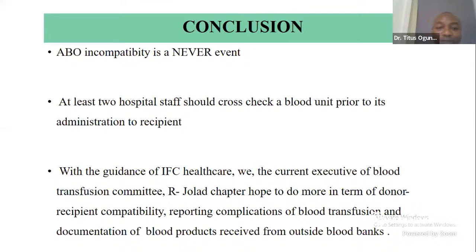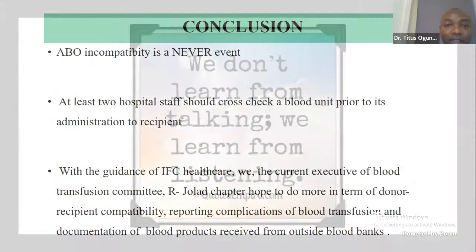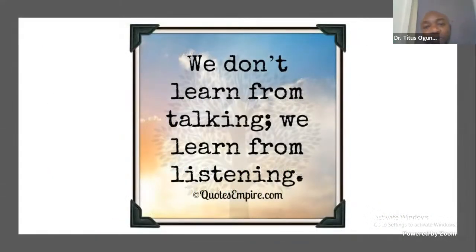With the guidance of International Finance Corporation Healthcare, we, the current executive of Blood Transfusion Committee, Harrow-Jollard chapter, hope to do more in terms of donor-recipient compatibility, reporting of complications of blood transfusion, and documentation of blood products received from outside blood banks. And lastly, we should know that we don't learn from talking, we learn from listening.